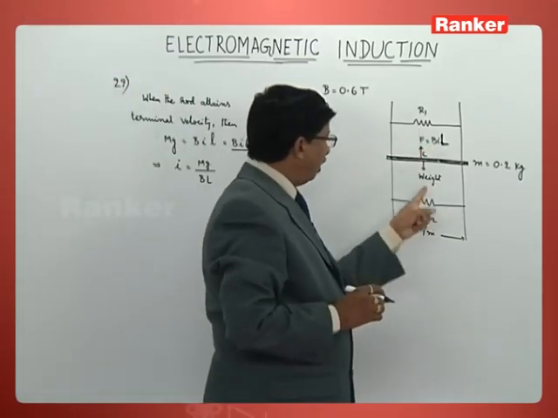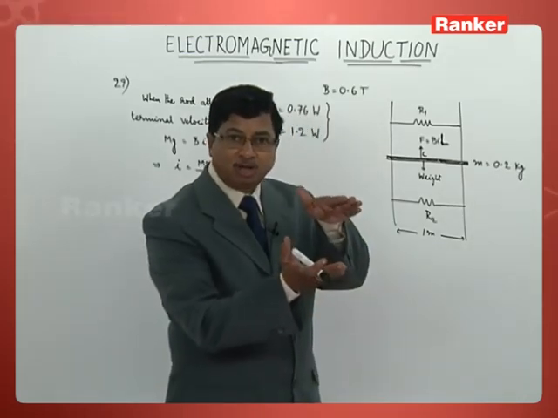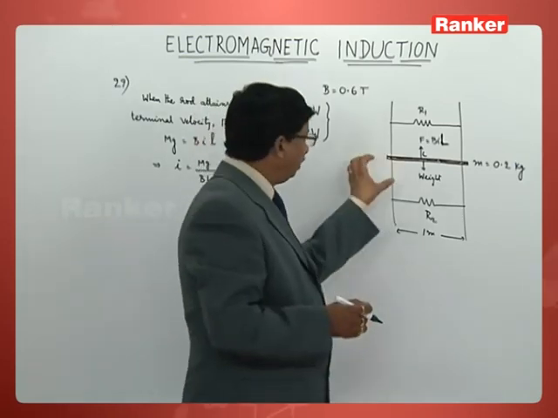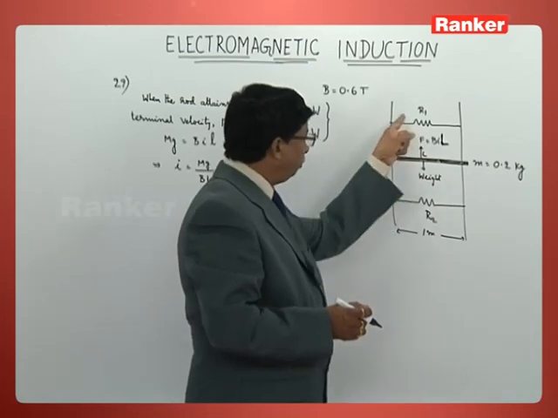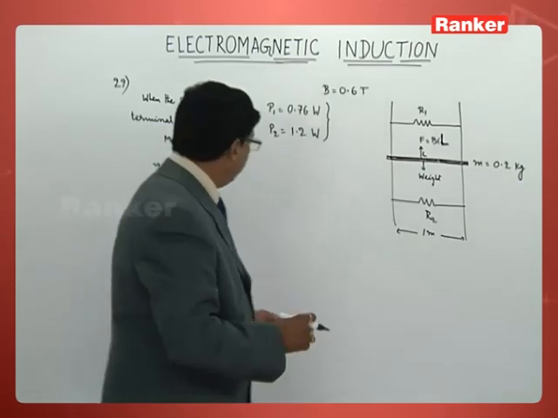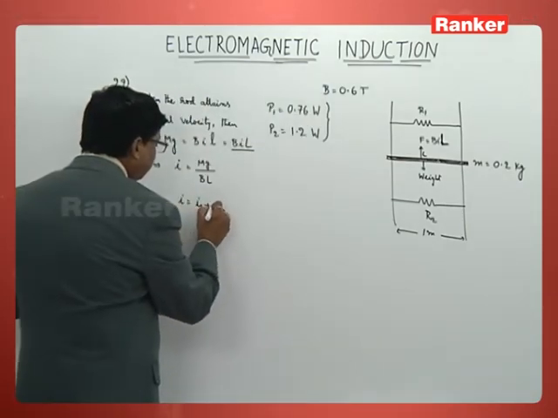You can understand R1 and R2 both are now connected in parallel. Then the total current that is entering into the system should now be divided into two parts across R1 and R2. So what should I write now? I must be equal to I1 plus I2.